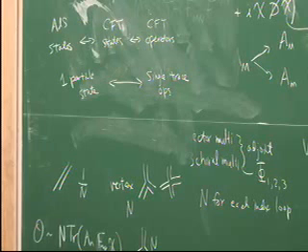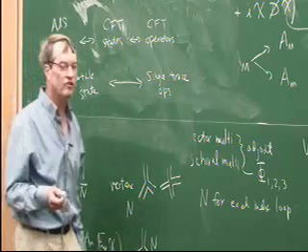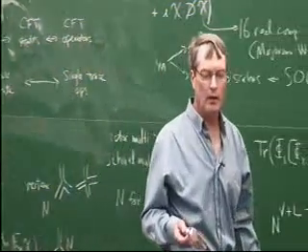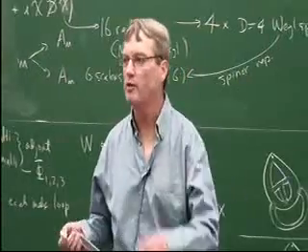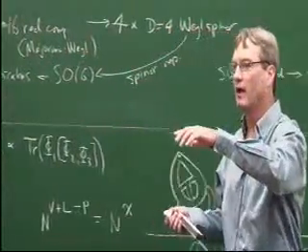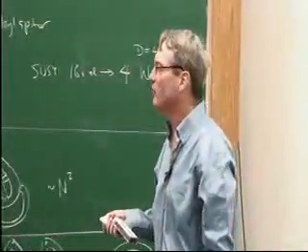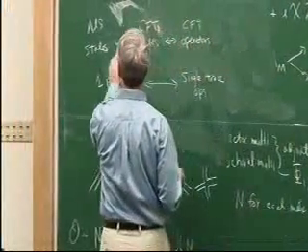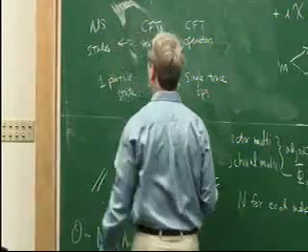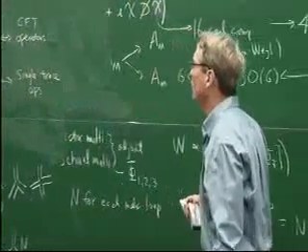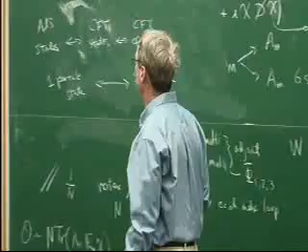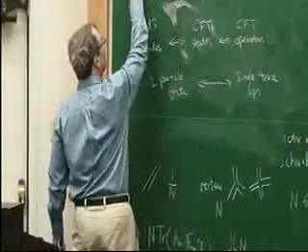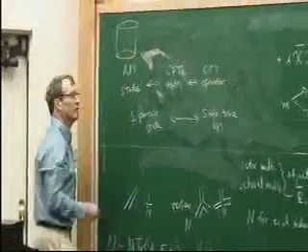If I wanted to count the states, I would probably want to do it in the global picture, because there I get a discrete spectrum, and it's usually easier to count. So if I wanted to phrase it in this way, I would go to the global picture, where AdS is, roughly speaking, a cylinder.